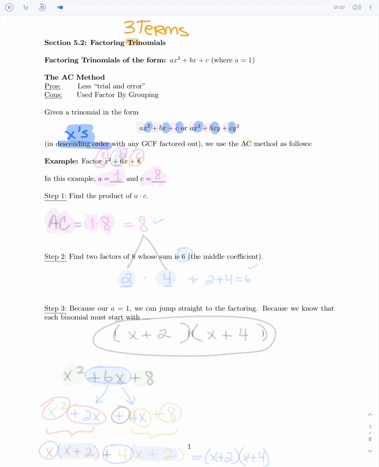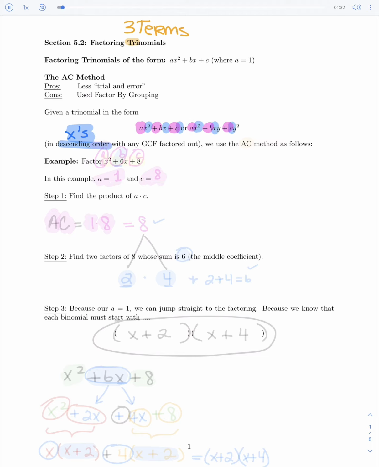And then what we're going to use are the numbers out in front to factor. We've got an a, which will always be the number out in front of the first term, as long as it's in descending order. The b will be whatever's in front of the middle term, and the c will be whatever's in front of the last term, or kind of off by itself on the last term.